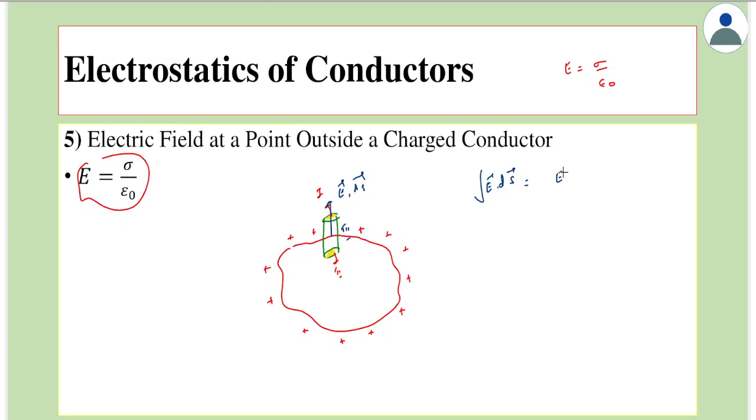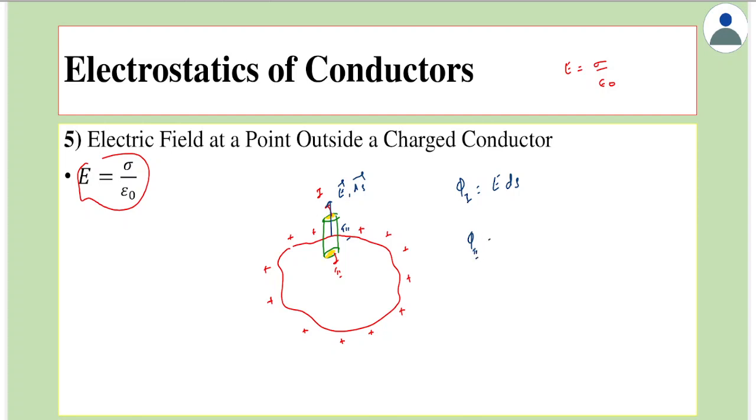So it just becomes E into dS. We'll drop the integration here. We'll just do it for a small region, that is E into dS, because the angle between E and dS is 0. This is the flux through the first surface.